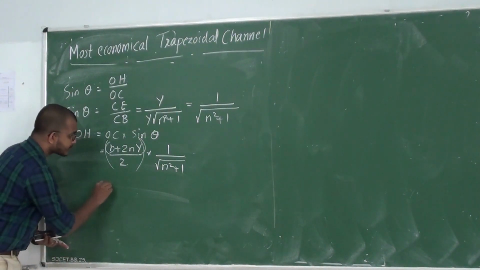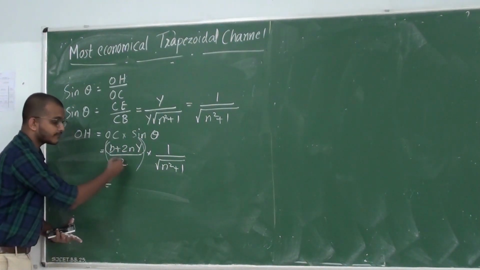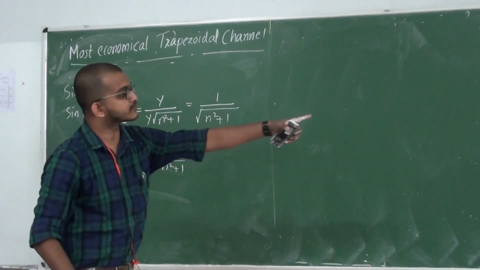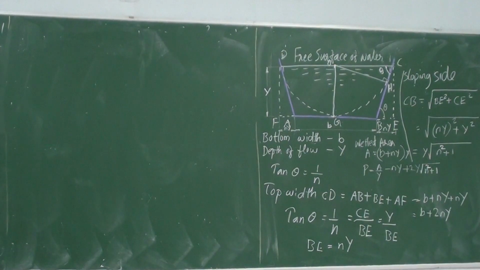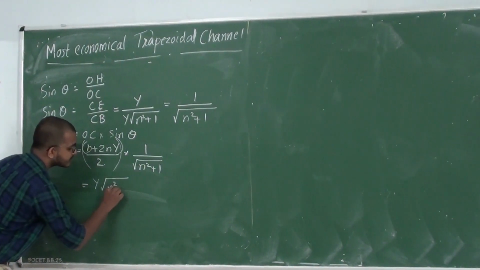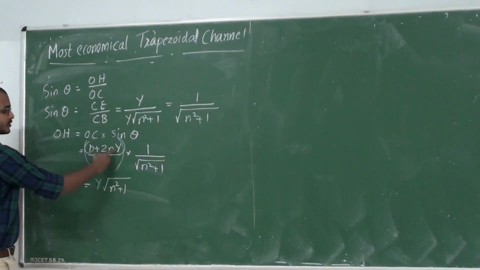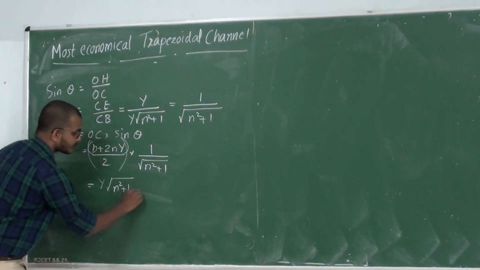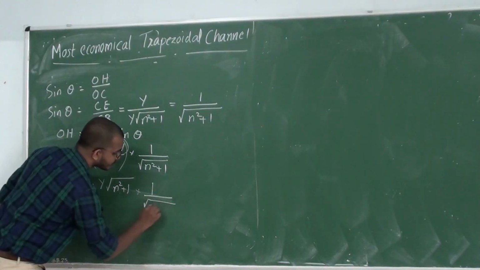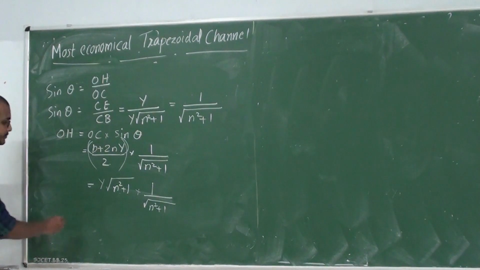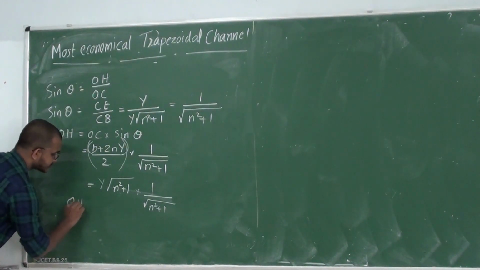We can replace it by the length of the sloping side, which is y into square root of n square plus 1. So B plus 2ny by 2 is equal to y into square root of n square plus 1 into 1 by square root of n square plus 1. That means OH is equal to y.